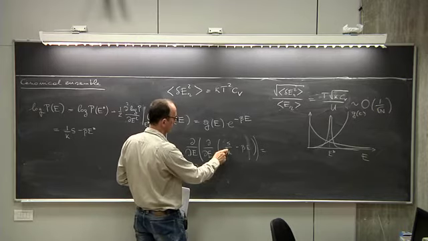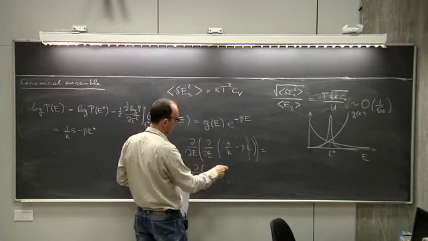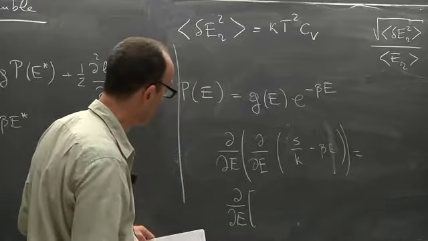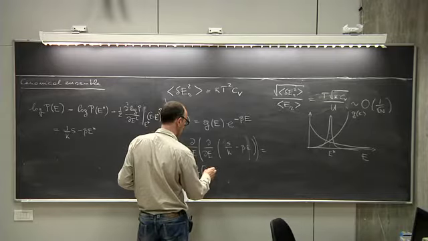The first derivative of the entropy with respect to the energy would give me 1 over the temperature.